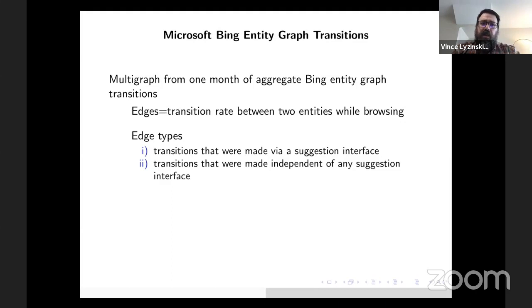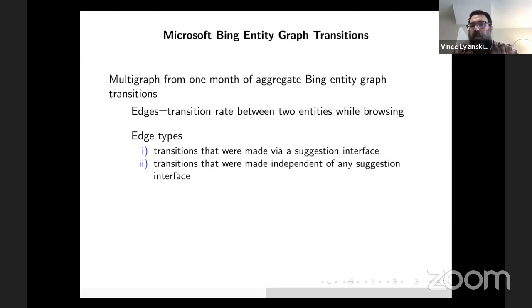This is Microsoft Bing entity graph transitions, where we have a multi-graph from one month of aggregate Bing entity graph transitions. Edges are the transition rates between two entities that users make while browsing. There are two different graphs, or two different edge types. There are transitions that were made via a suggestion interface, so Microsoft will actually say, oh, you're at this node, you should search for this thing next.